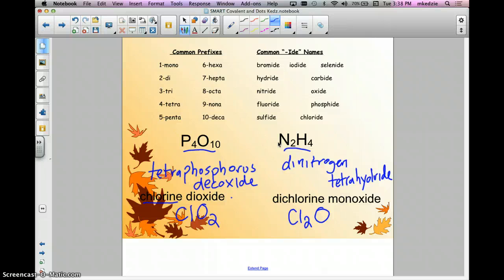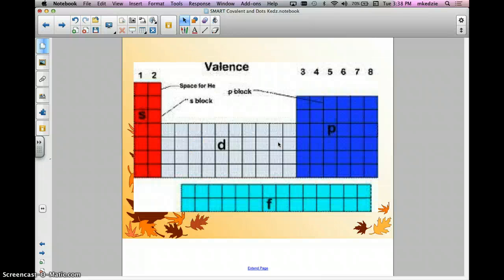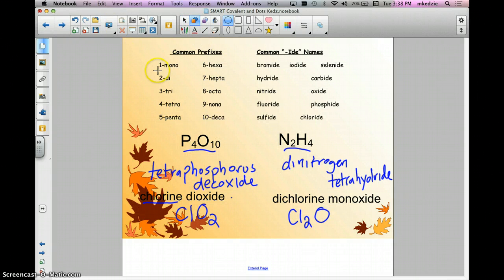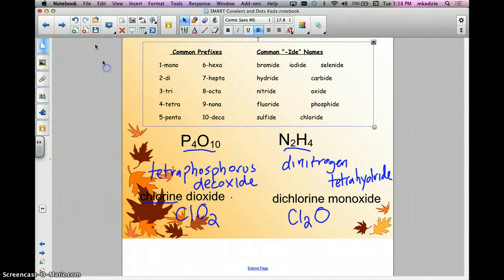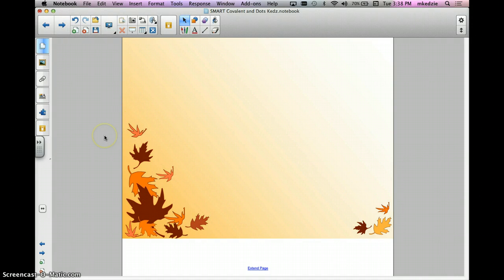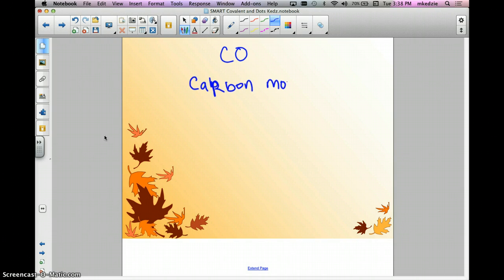Okay. This is going to take us to our last rule here, and it's just the exception. So let me pull up another slide here. And that is for something you might have heard of, CO. Okay, so the name of CO is carbon monoxide.